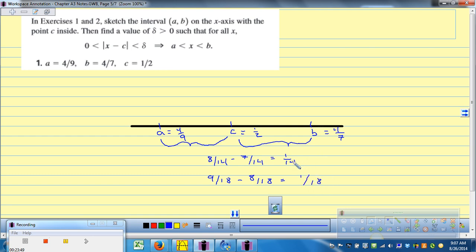So which one do I choose? 1/14 or 1/8? Smaller one over 2, our delta will equal 1/8.